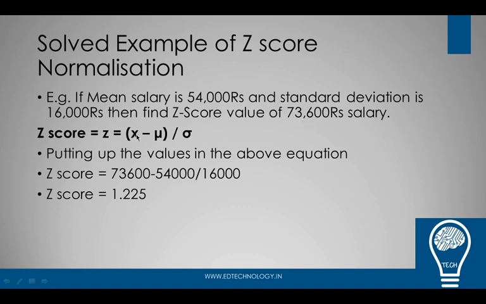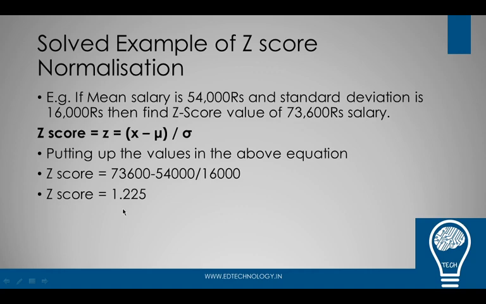So we put the value of x, 73,600 rupees, minus mu, which is the mean, 54,000, divided by the standard deviation, which is 16,000. At the end, the z score we get is 1.225. That is your z score, and we will do a similar sum again so that you understand how we are calculating.